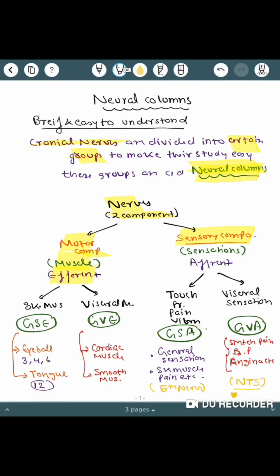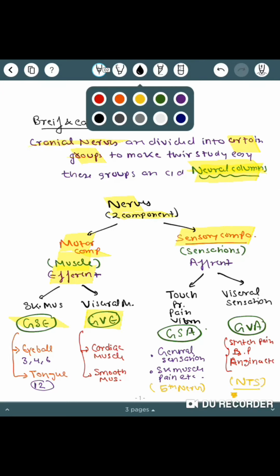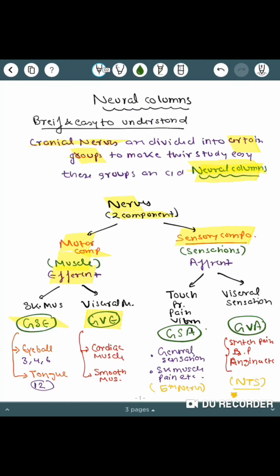Also we know that the muscles are of two types, skeletal muscle and visceral muscle. The skeletal muscle is known as the somatic part, and the visceral muscle is known as the visceral part. So we have two columns, general somatic efferent and general visceral efferent. So how can we guess what it contains when we see it directly?